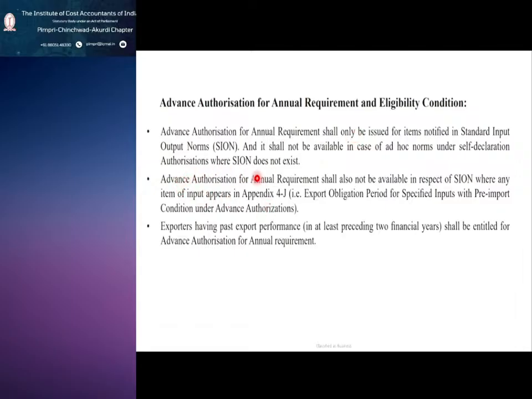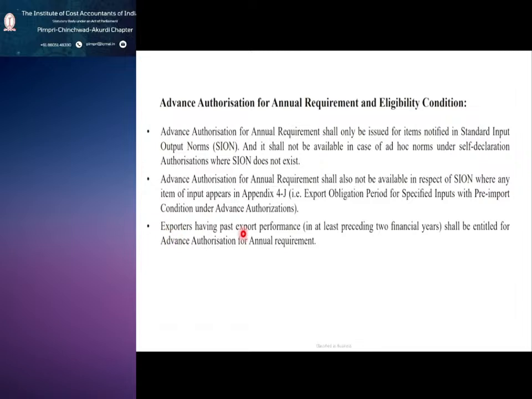It is not available in respect of SION where any item of input appears in appendix 4J. So you need to remember, if the input appears in appendix 4J, then you are not eligible to obtain the advance authorization license.